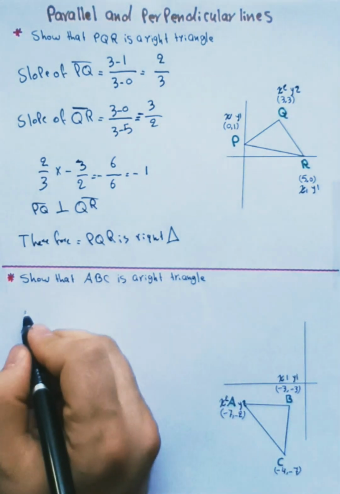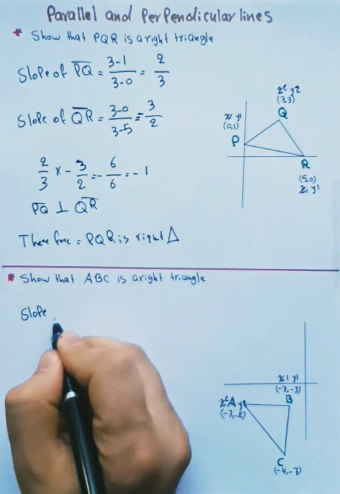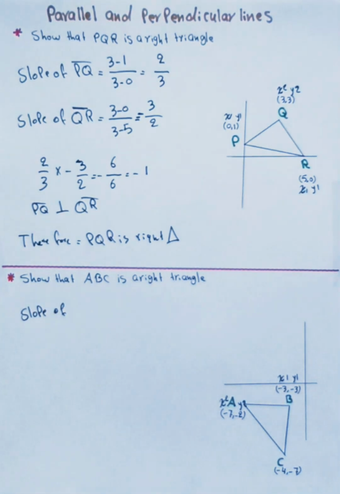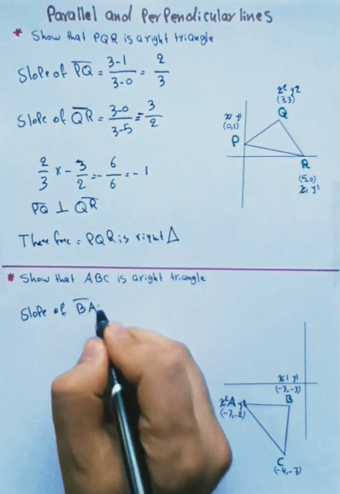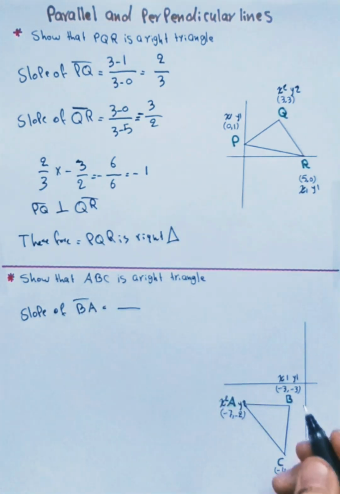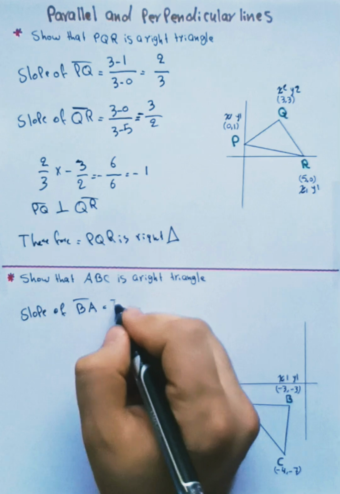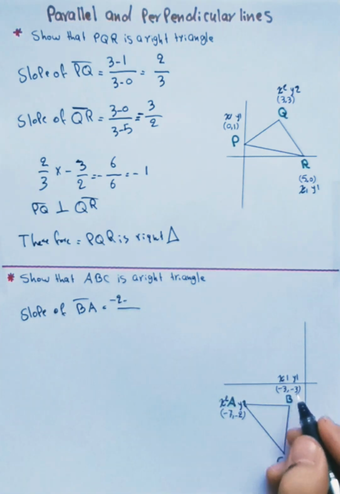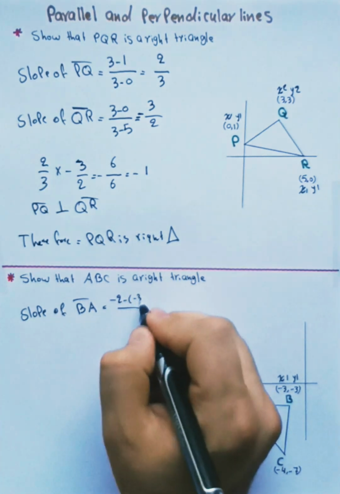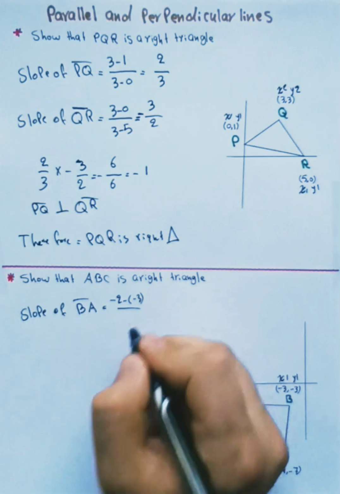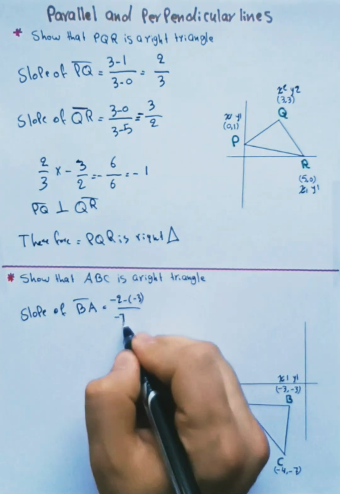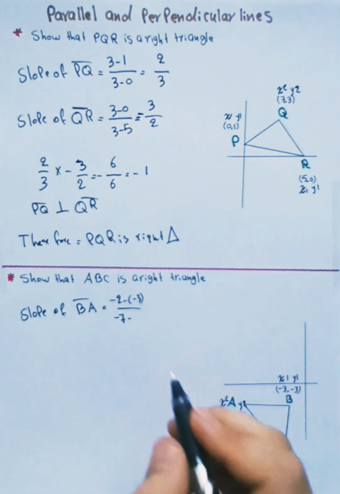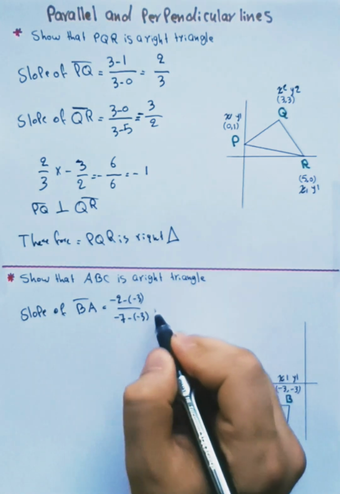So the slope of BA equals y2 minus y1, negative 2 minus y1 is negative 3, and then x2 minus x1, negative 7 minus negative 3.